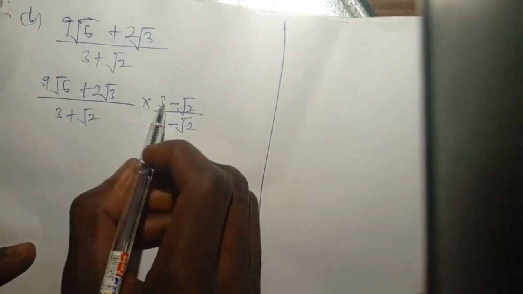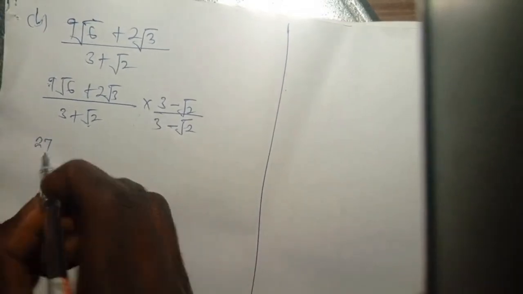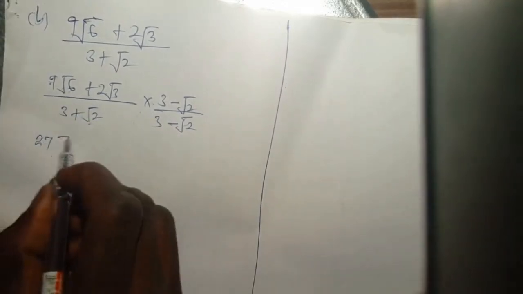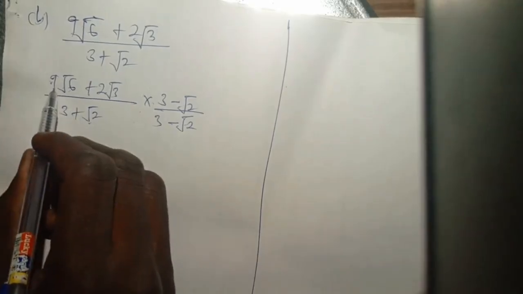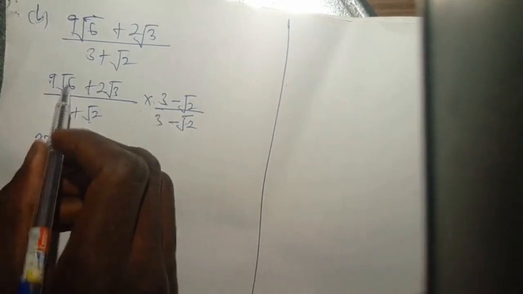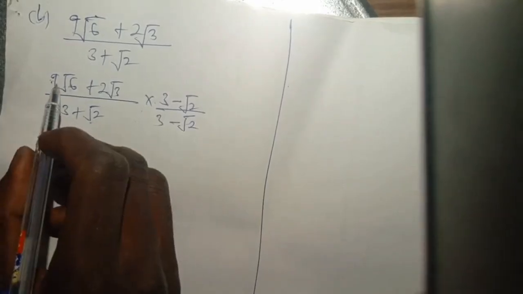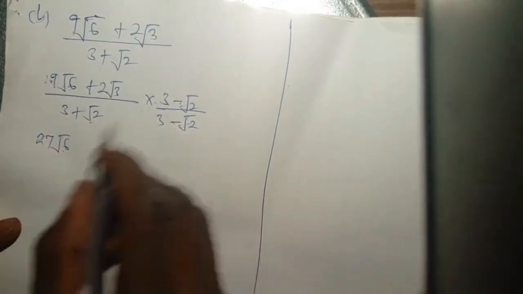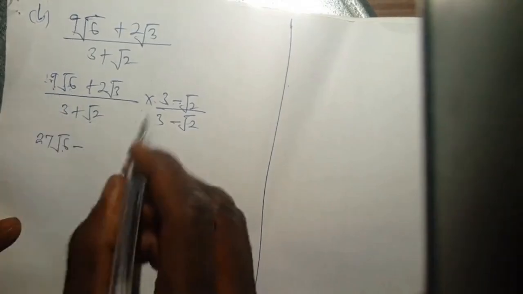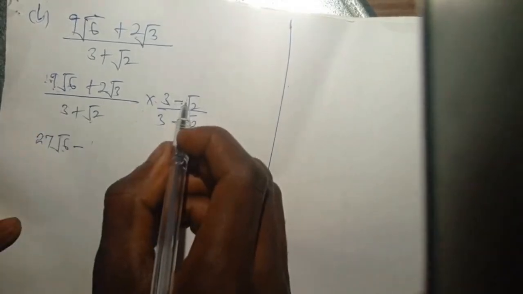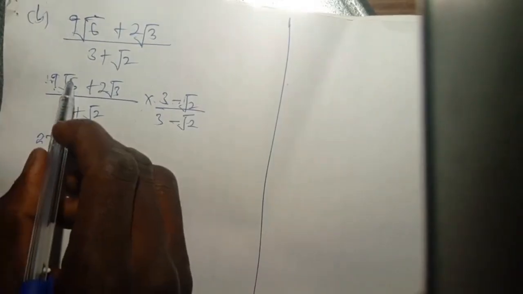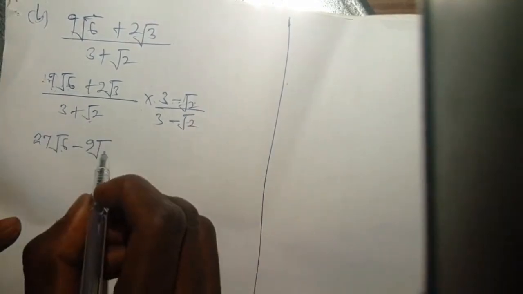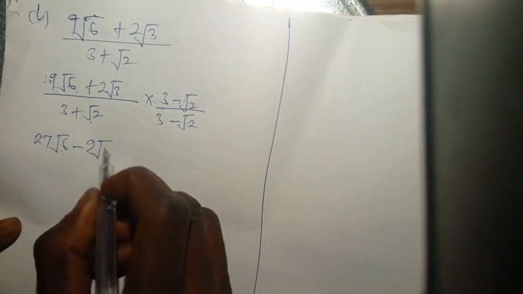So 9 times 3 is going to give us 27, then attach root 6 to it: 27 root 6. The next is plus times minus is minus. 9 times 1 here is 9, then root 6 times 2. Just put them inside the square root: 6 times 2 is 12.